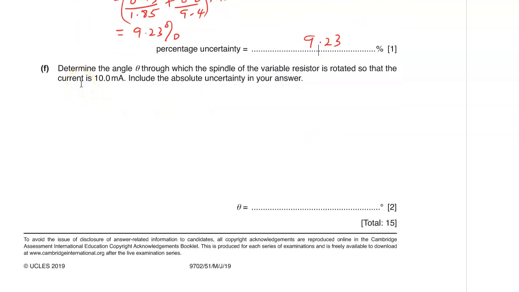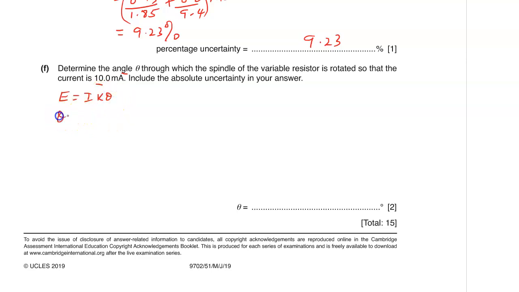Lastly, F, determine the angle through which the spiral of the variable resistor is rotated so that the current is 10 milliamperes. Include an absolute uncertainty in your answer. Of course, we know the equation is I = EMF over K theta.